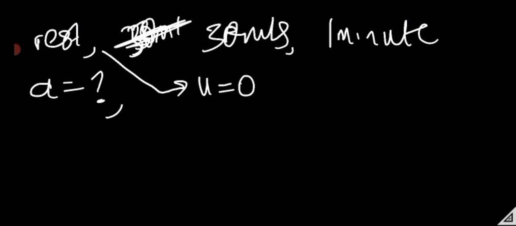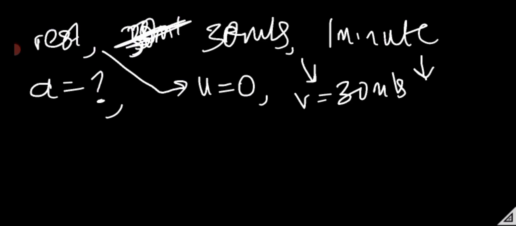The symbol for initial velocity is u, right? We are trying to apply that previous formula. Then the symbol for final velocity, which is 30, is v, which is equal to 30 meters per second. Now 1 minute, we convert to seconds. That is 1 times 60, which is 60 seconds.